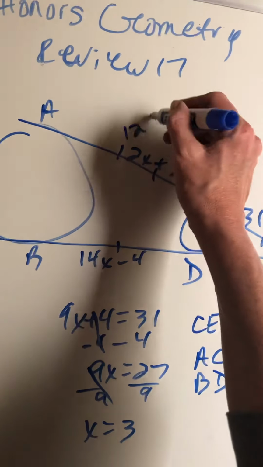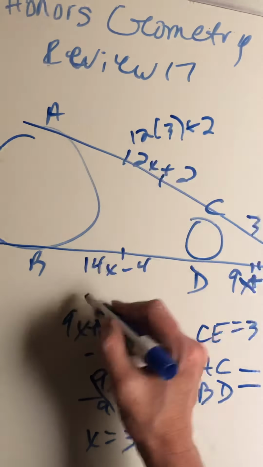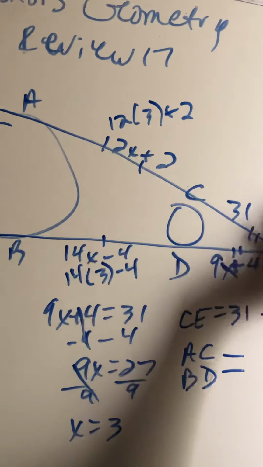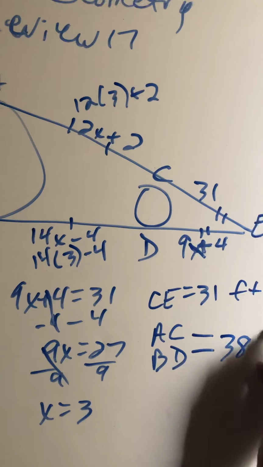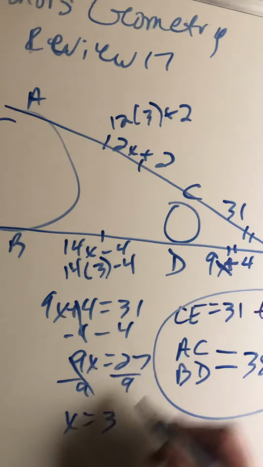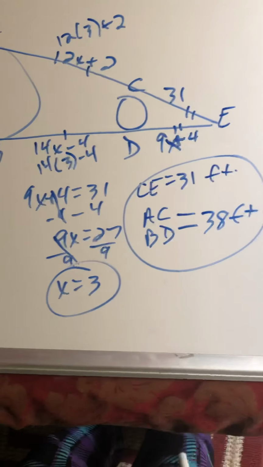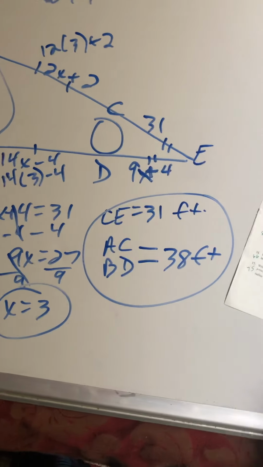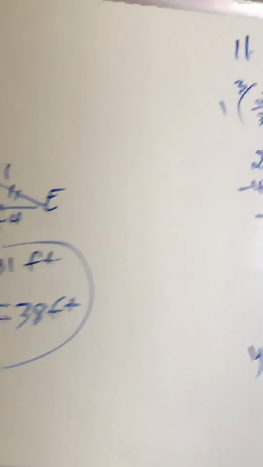So we could put 12 times 3 plus 2, or we could put 14 times 3 minus 4. Either way, you get 38 feet for both of those. So you've got your units label for CE and AC and BD. So that was number 12.